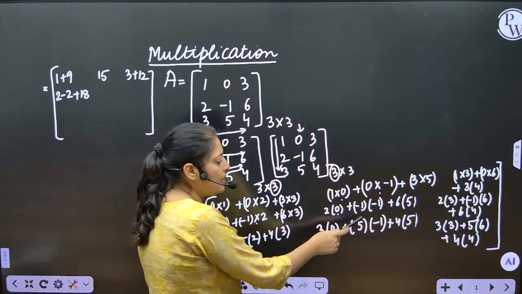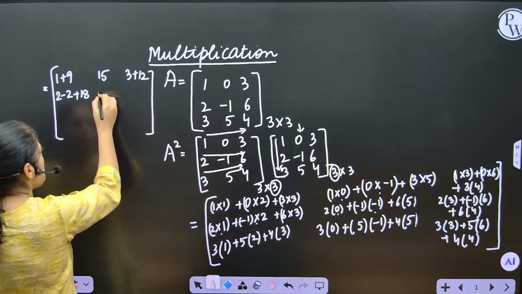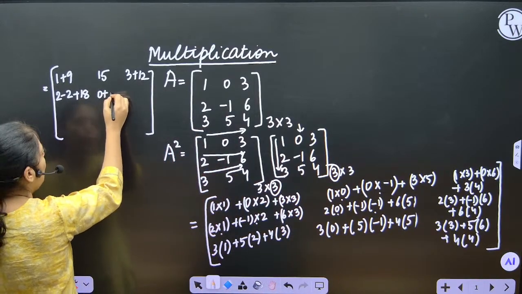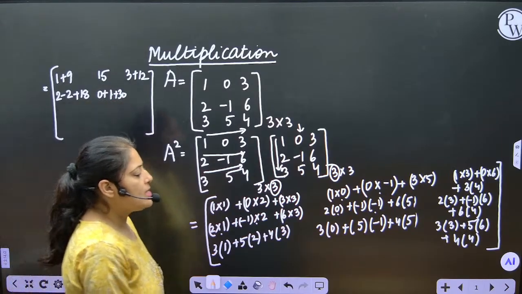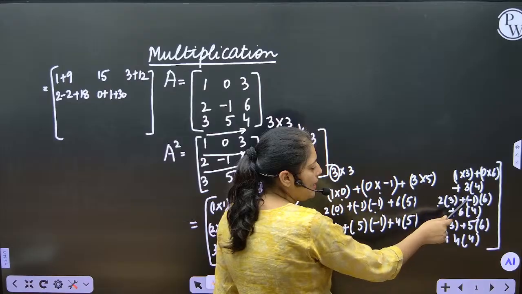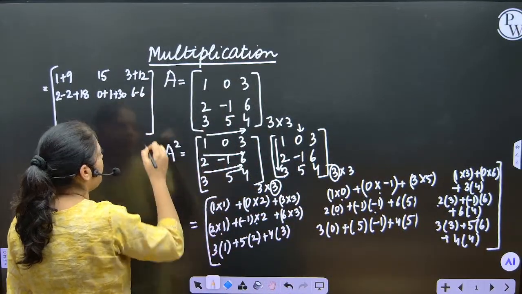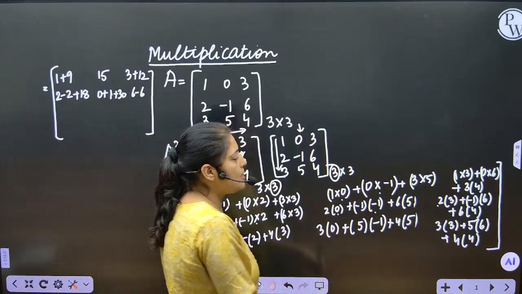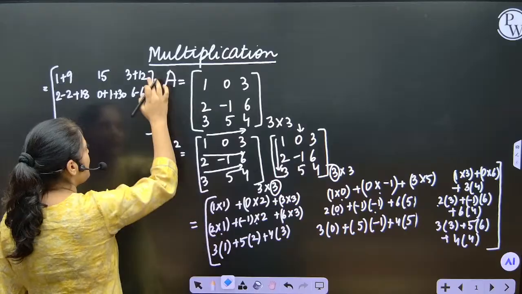This will become 0, this will become plus 1, this will become 30. So 0 plus 1 plus 30. Next element, 2 3s are 6, this will become minus 6, this will become 6 4s are 24. So plus 24 I'll write here.